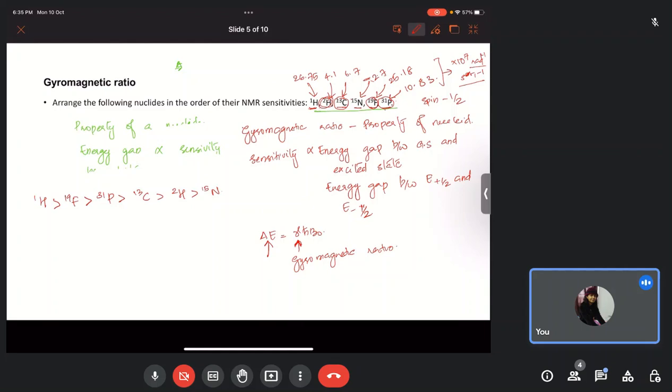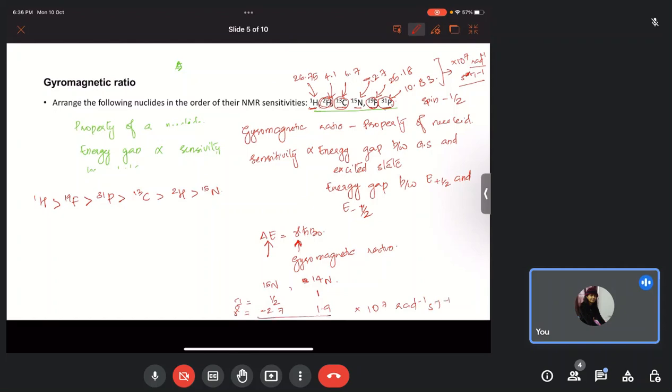If you had to compare 15N or 14N, 15N is a spin half nucleus, whereas 14N is a spin 1 nucleus. And if we have to see which one is more sensitive, the gyromagnetic ratio of 15N is minus 2.7, whereas 14N is 1.9, both multiplied by 10 to the power 7 radian inverse second Tesla inverse.